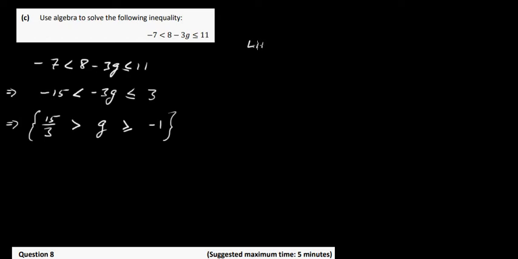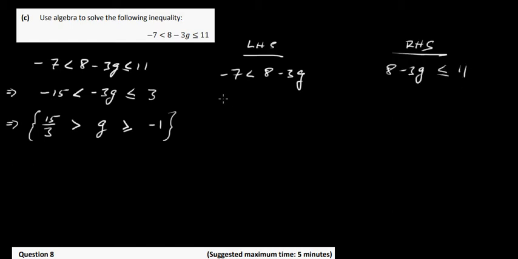You can take the left-hand side and you can take the right-hand side, and you can just do them. So you've got -7 less than 8 minus 3g, and then the right hand side you've got 8 minus 3g less than or equal to 11. You can do them this way as well. So again, it's the same kind of thing. Subtract 8 from both sides, you get -15 less than -3g.